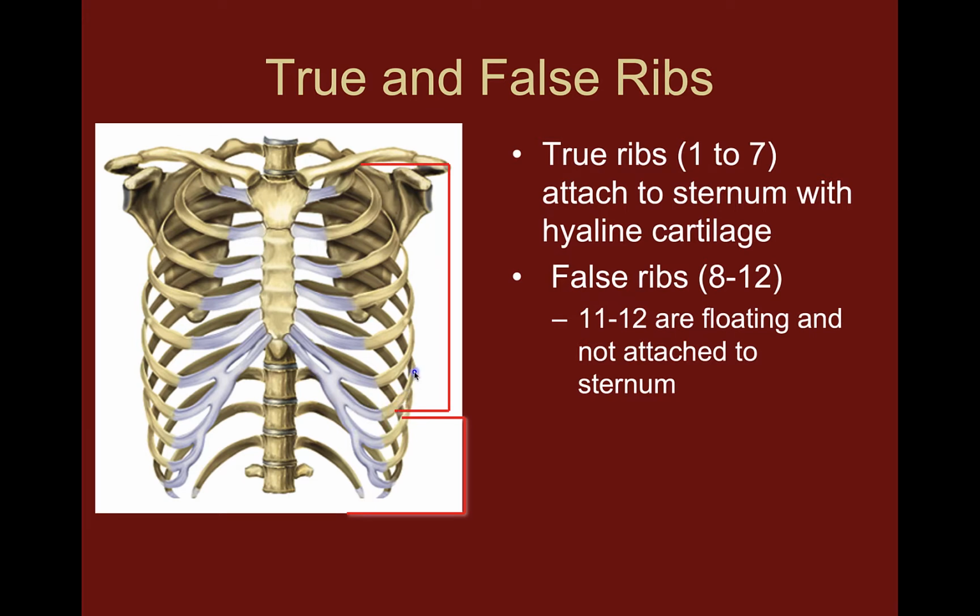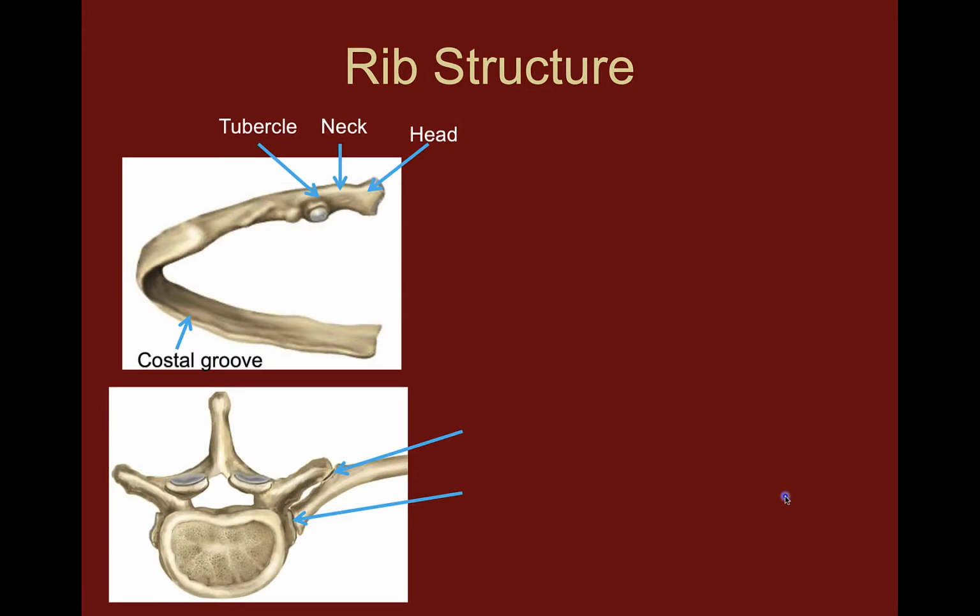So rib 7 is a true rib because the cartilage coming off of rib 7 connects to our sternum, whereas with 8, 9, and 10, the cartilage coming off of those ribs actually attaches to the cartilage of rib 7, and we have a little bit of supportive cartilage right here with 6. So there are 12 pairs of ribs in both sexes.